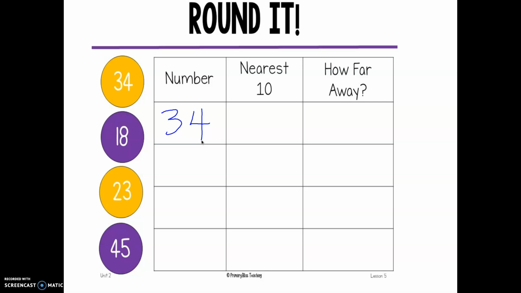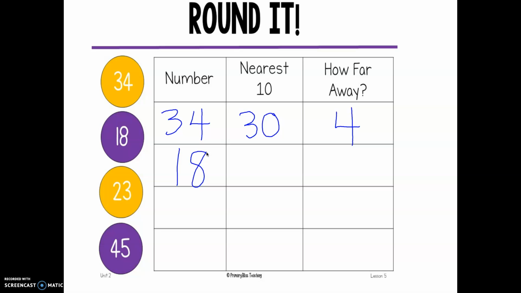So I think it's closer to 30. And then we're asked, how far away is it from 30? Well, if I count up from 30 to 34, it'd be 31, 32, 33, 34. So it's 4 away.